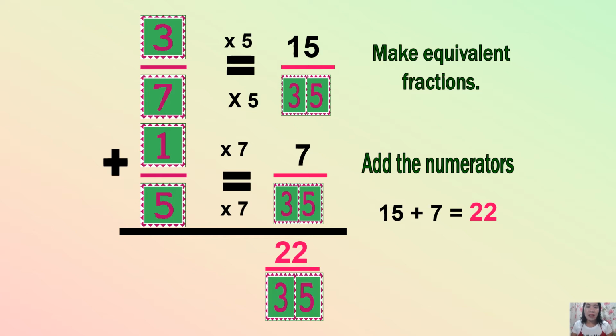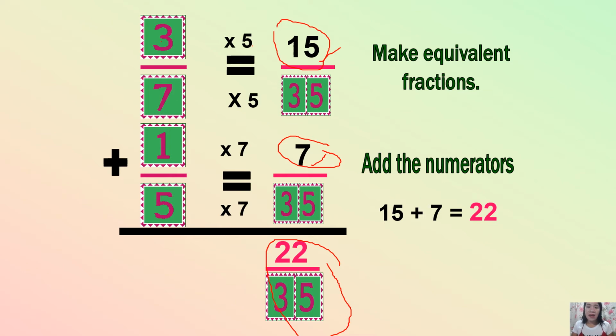Considering this, 3 times 5 is 15, so this is our numerator, and 1 times 7 is 7. So we have to add 7 and 15. 7 plus 15 is 22. So our final answer is 22 over 35.